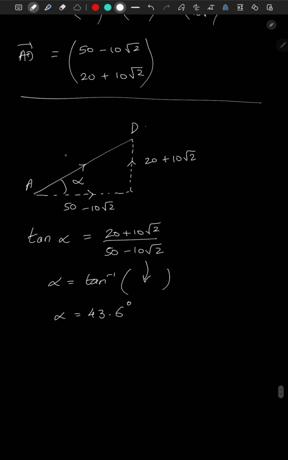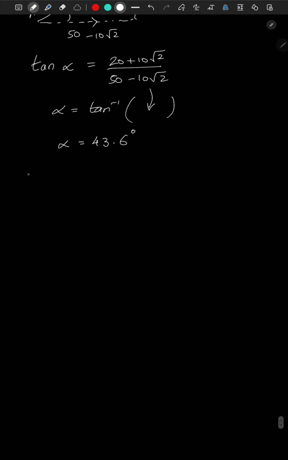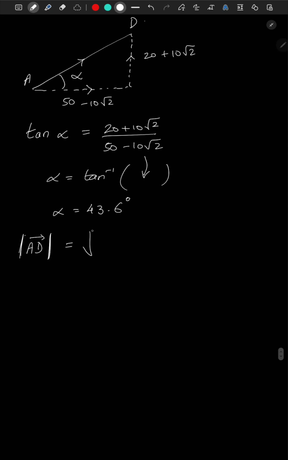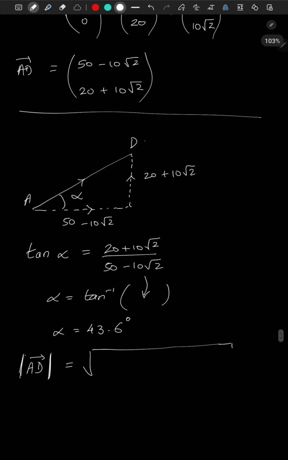Now to find the magnitude of AD, we represent magnitude by the bar over here. So this is the magnitude of AD. You have to use Pythagoras theorem.